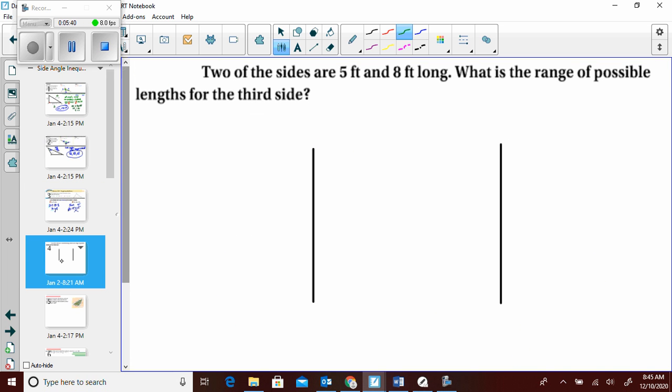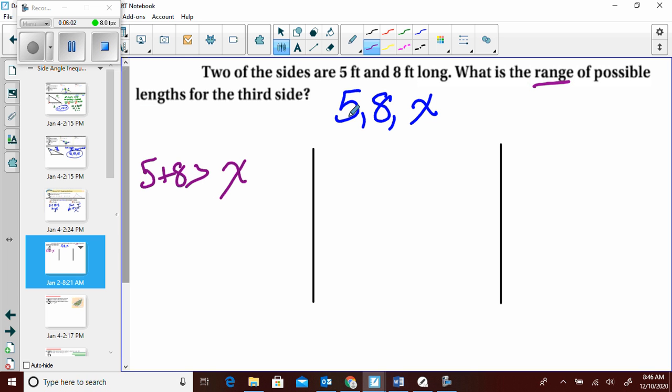To make it a little more complicated, it might give you two sides. So we have 5, 8, and we don't know the third side. What is the possible value for that third side? It's a range. We're going to find a range of values. The first thing is 5 plus 8 must be greater than X. Another combination: 5 plus X must be greater than 8.